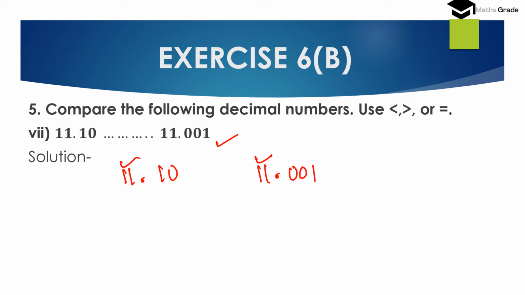After the decimal point, in the tenths place it is 1, and here it is 0. So 1 is greater than 0. Now we place the greater than symbol. So 11.10 is greater than 11.001.